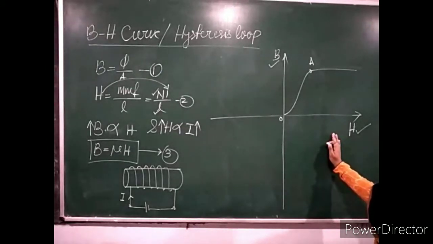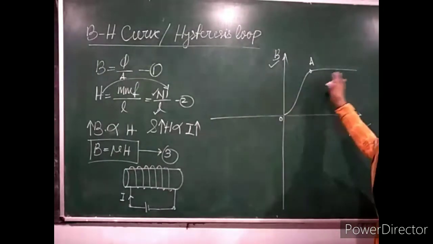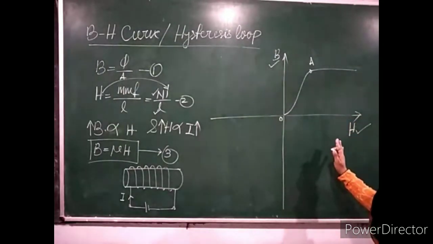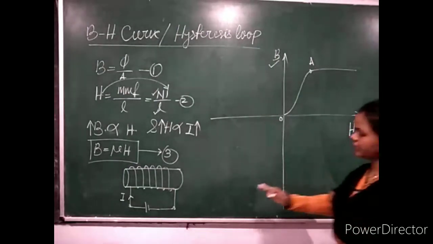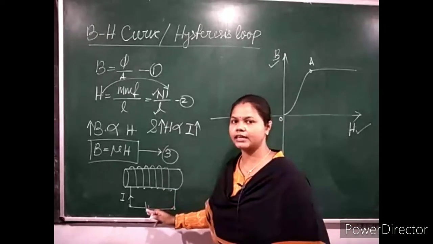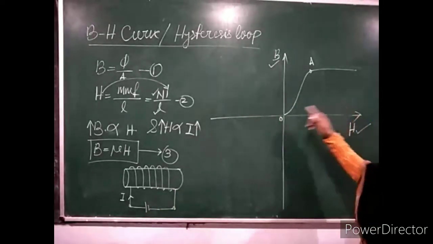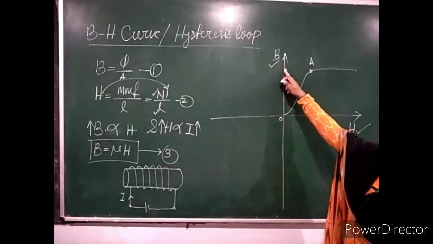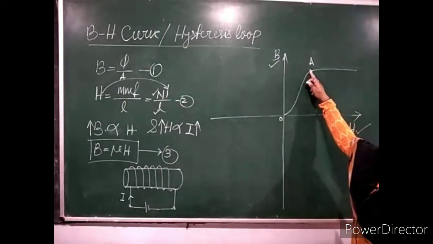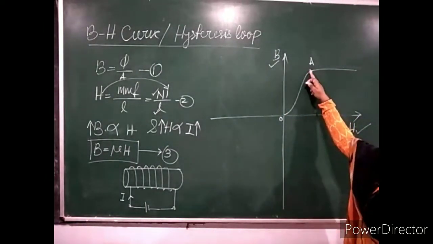Now if you decrease the current, first, in the first step we increase the current, and see that when current increases, H also increases and simultaneously B also increases up to this saturation point. After that, even though you increase the flux intensity, the density never increases, it saturates.